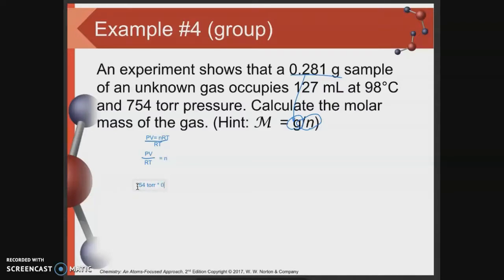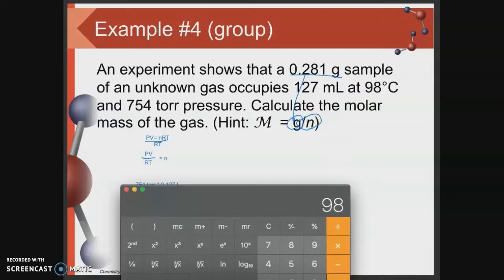So 127 divided by 1,000 is 0.127 liters, divided by R. Since our pressure is in torr, we need to use 62.36 liters times torr divided by moles times Kelvin. And our temperature, 98 degrees Celsius, 98 plus 273 gives us 371 Kelvin.